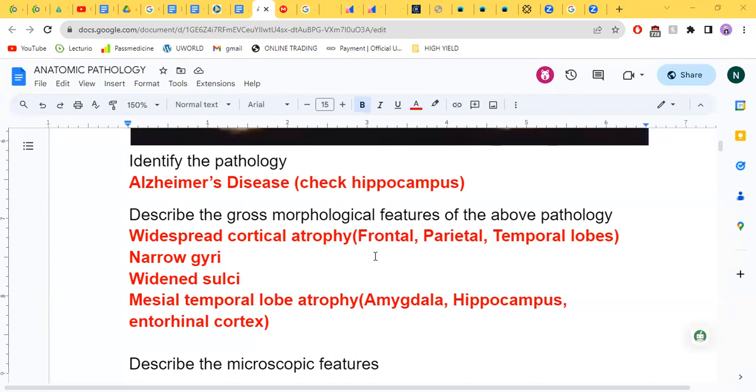Yes, so the NFTs are made of tau and they are intracellular, and the neuritic plaques are made of beta amyloid and they are extracellular. Awesome. You guys are doing extra well. Next.